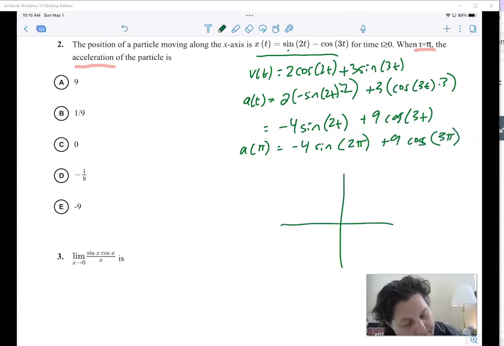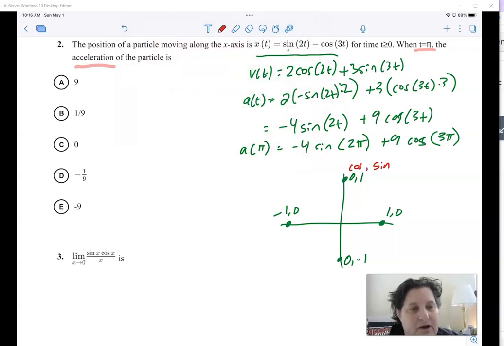Now let's remember, on my unit circle, this goes 1, 0, 0, 1, negative 1, 0, 0, negative 1. And remember how it goes: cosine, comma, sine. Cosine is the x coordinate, sine's the y coordinate.